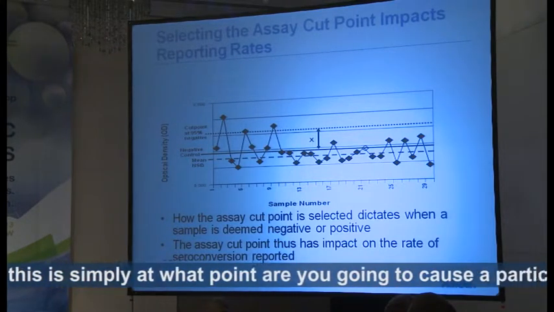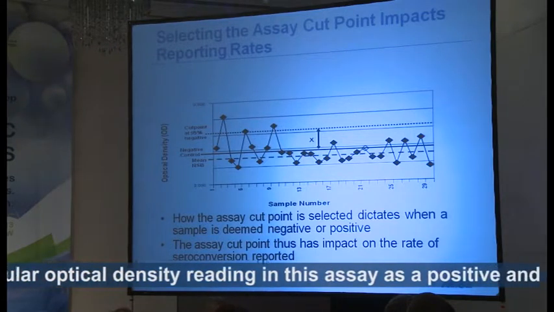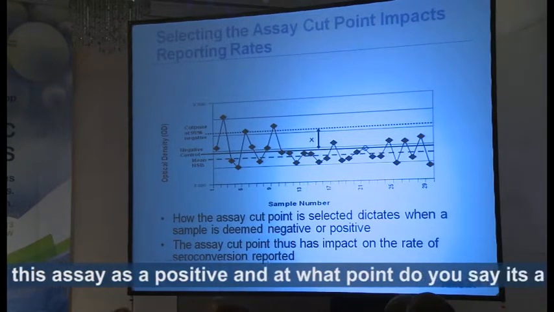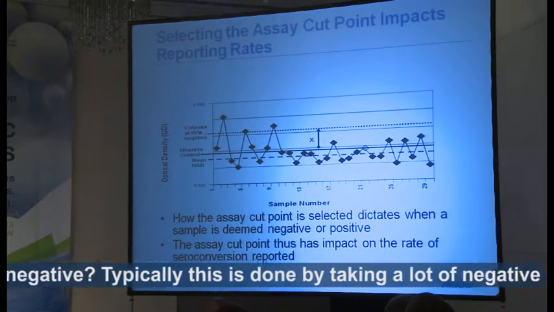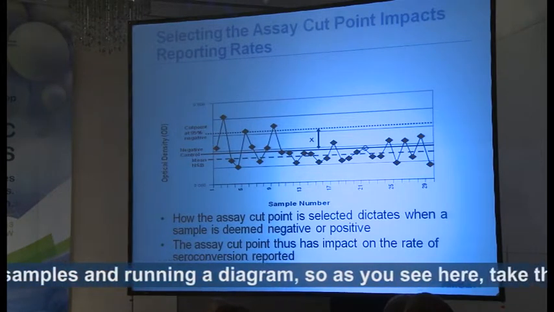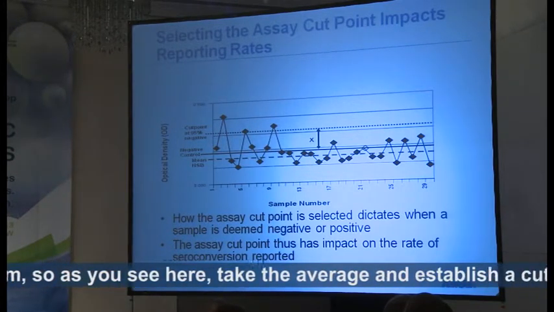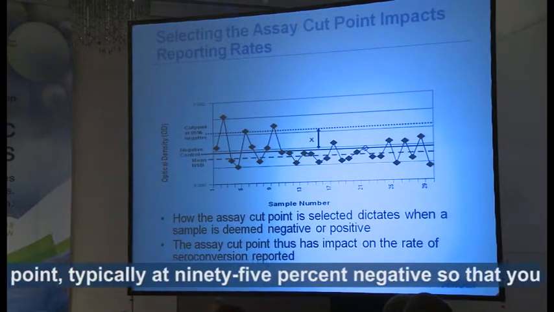Typically this is done by taking a lot of negative samples and running a distribution. So as you see here, take the average and establish a cut point, typically at 95% negative, so that you have a low level of false positives, but you try to eliminate as much as possible the false negatives.